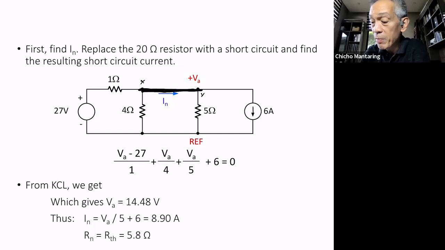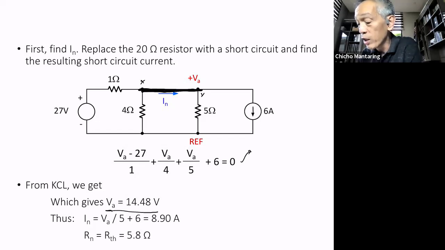The current here in this direction will be V sub A minus 27 over 1. The current downward is V sub A over 4. The current downward here is V sub A over 5. The current going out here is 6. So plus 6, all equal to 0. If you solve for this, you get V sub A equal to 14.48 volts. That is one equation, one unknown.